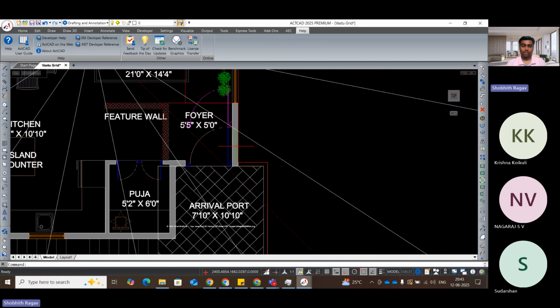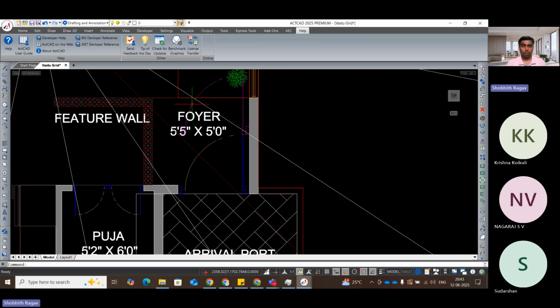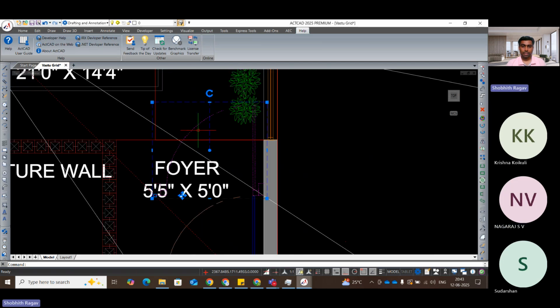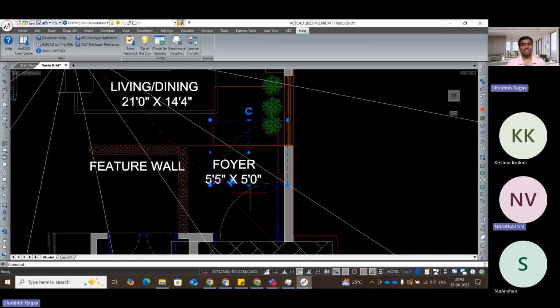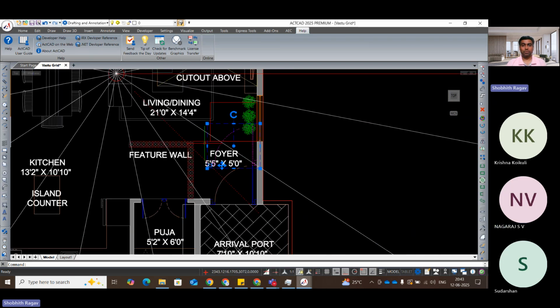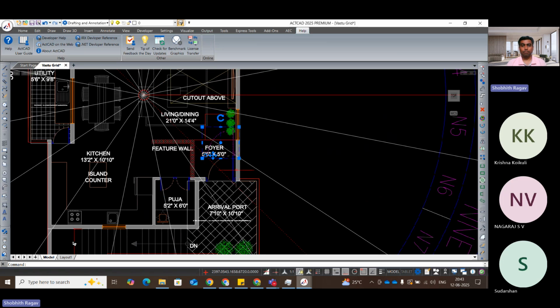I had suggested he shift it to N8. I don't know whether they've done it or not, because once they come to us, we show them this is the proposed and this is the existing. I propose to shift it here to N8. I don't know if he has done it or not, but it is my duty to tell them that if you put it here, it will give you positive effects. But many times there are constraints.